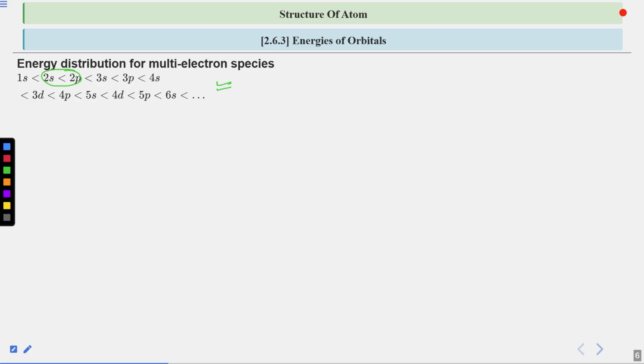Now how this energy order is decided, again we will see it in the coming slide, but first we have to see why the difference is coming for the case of multi-electron system, and why hydrogen-like species have a different electronic energy distribution as compared to the multi-electron system.